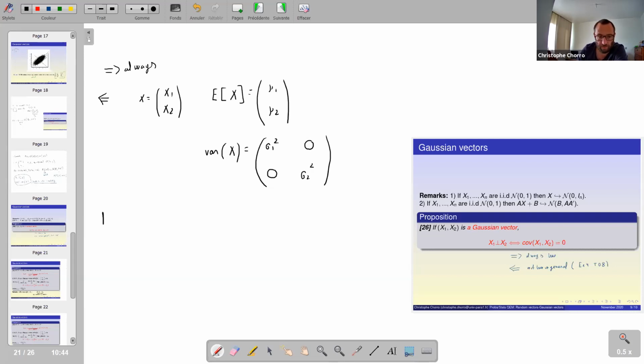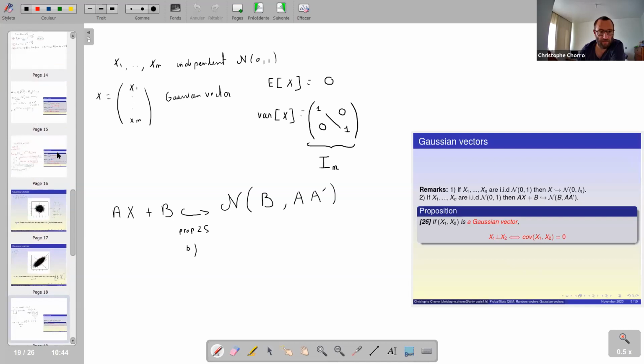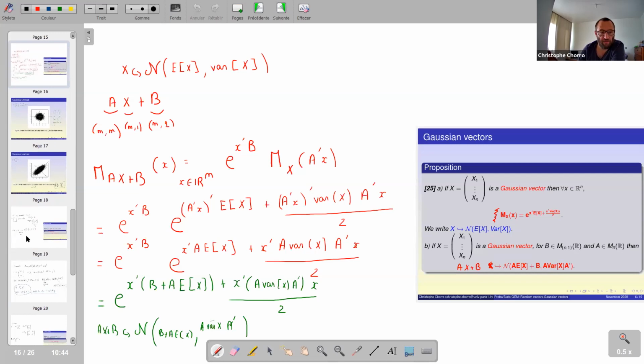Now let's compute the moment generating function of the pair X at the point (x1, x2). This one will be denoted by x and considered as usual as a column vector. I have the expression for this, given by Proposition 25: if I know the vector of expectation and the variance covariance matrix, I have the moment generating function.